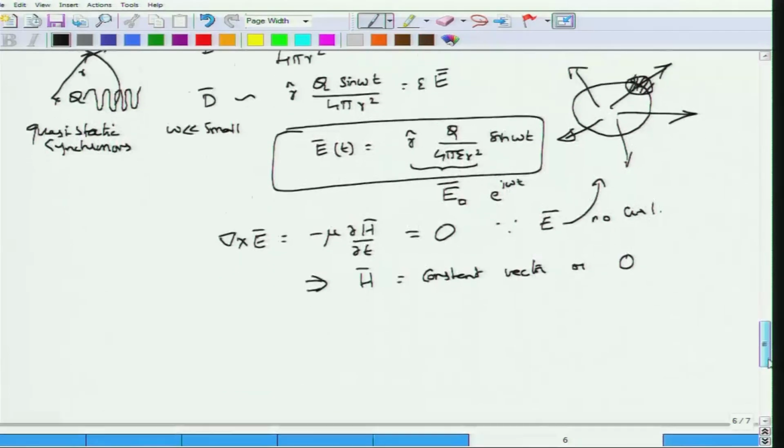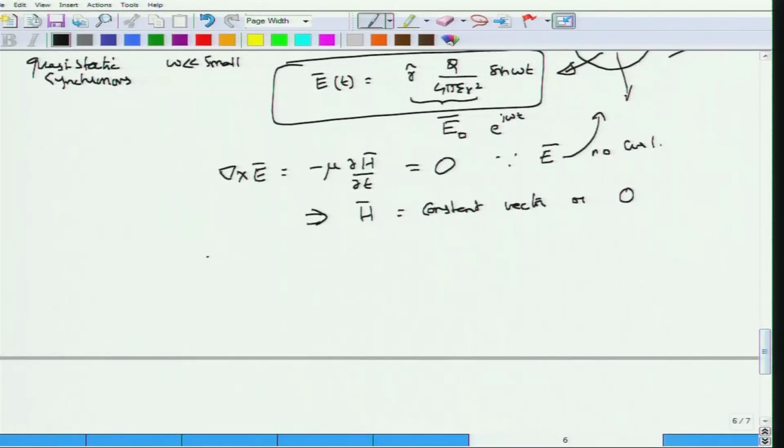Now, is this consistent with the other curl equation? Unfortunately, no. Remember, we are considering a perfect dielectric, therefore, the J term, the conduction current term, will be equal to 0, and since we are considering an ideal dielectric, this displacement current can be written as epsilon del E by del t. Because curl H is constant or 0, curl of H will also be equal to 0.